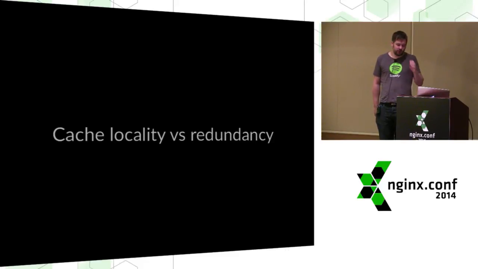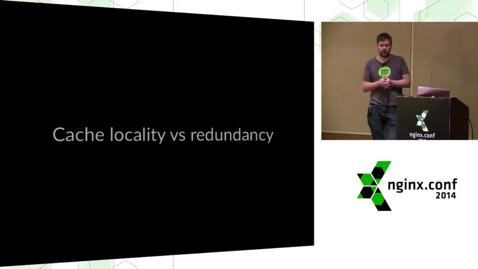For audio files, that wouldn't work that well because we would get a low cache locality, because we would try to fit each audio file on, say, 3 servers, meaning that we would fit a smaller data set in total in our cluster. So for audio files, which are larger, we want to use the mechanism that I described before, having a primary node that will always be requested, which will have a very high cache locality for that particular file. But for client upgrades and for images, we'll spread it over the entire ring or over a larger set of nodes.